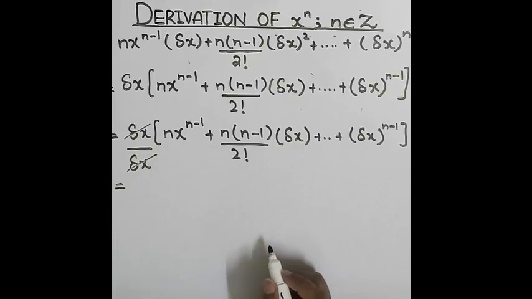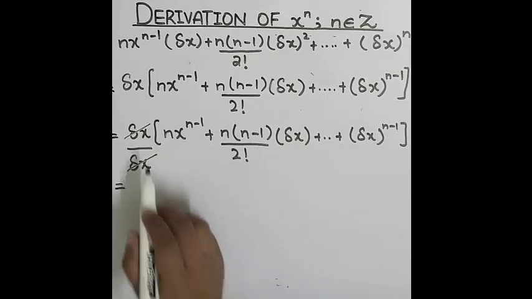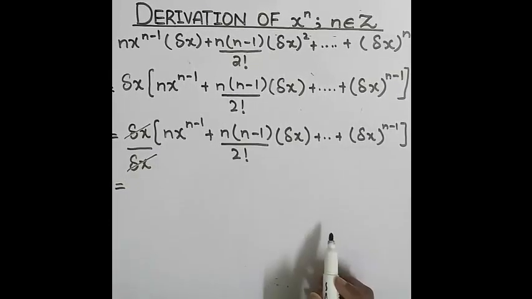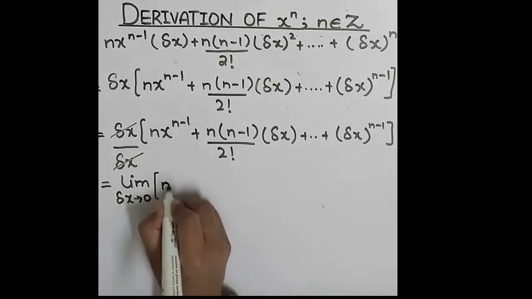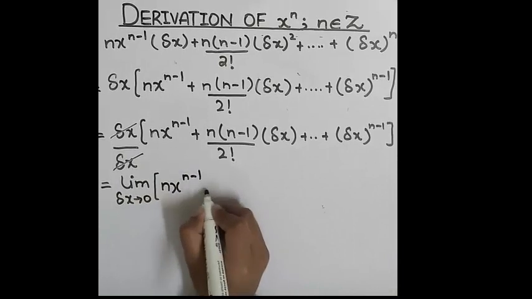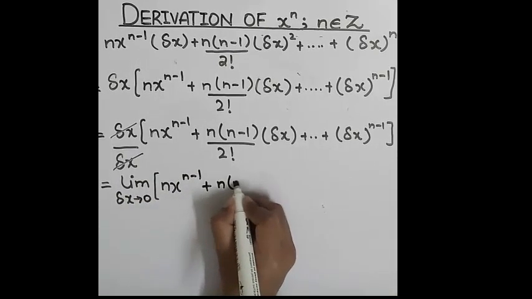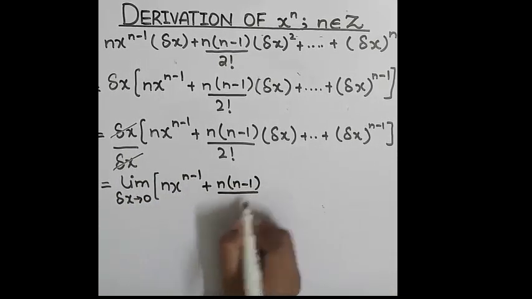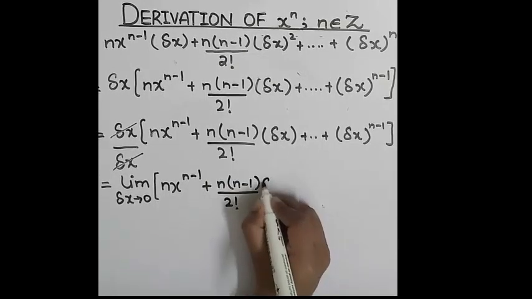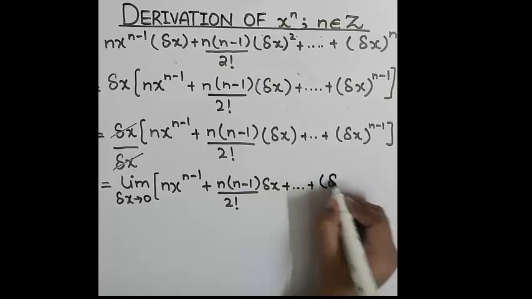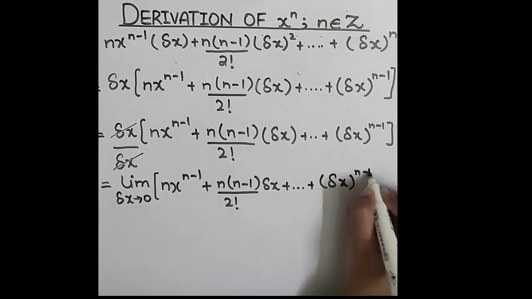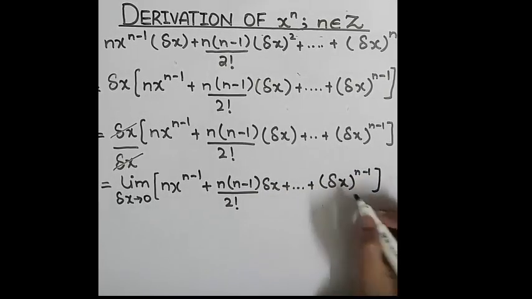Now the fourth step is to take the limit of the third step's simplification. So applying the limit on this term, we will write this term as it is, plus n into n minus 1 over 2 factorial delta x plus delta x^(n minus 1).